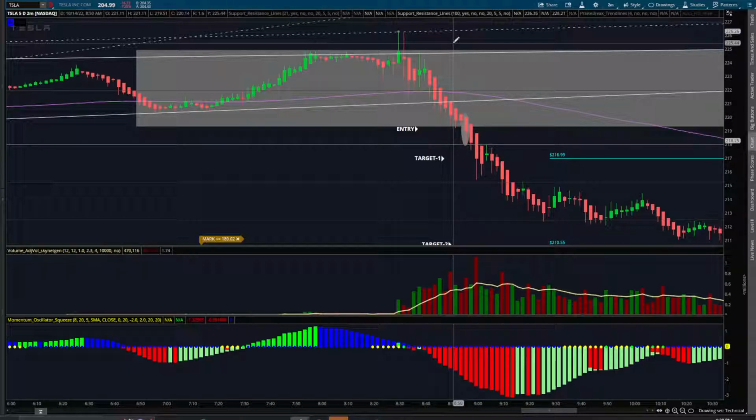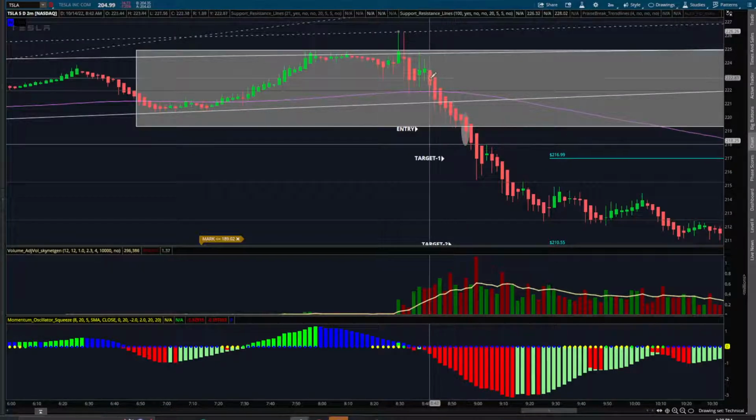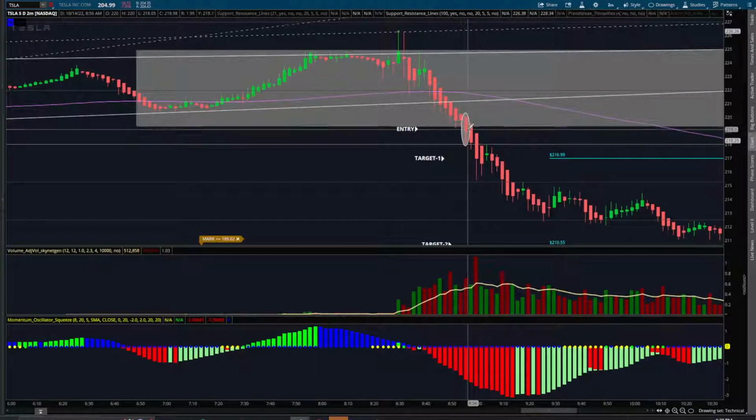It's very important that you wait for the setup, right? So the perfect entry is this one, or you could have waited for that break for that entry.